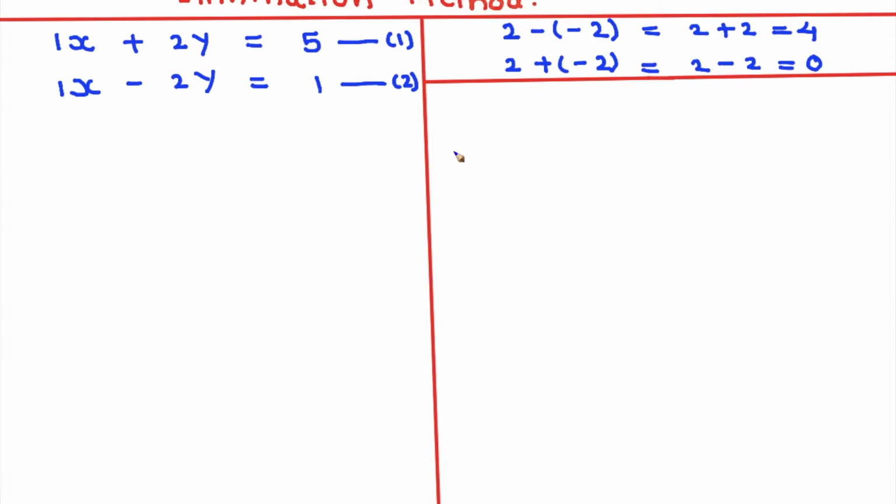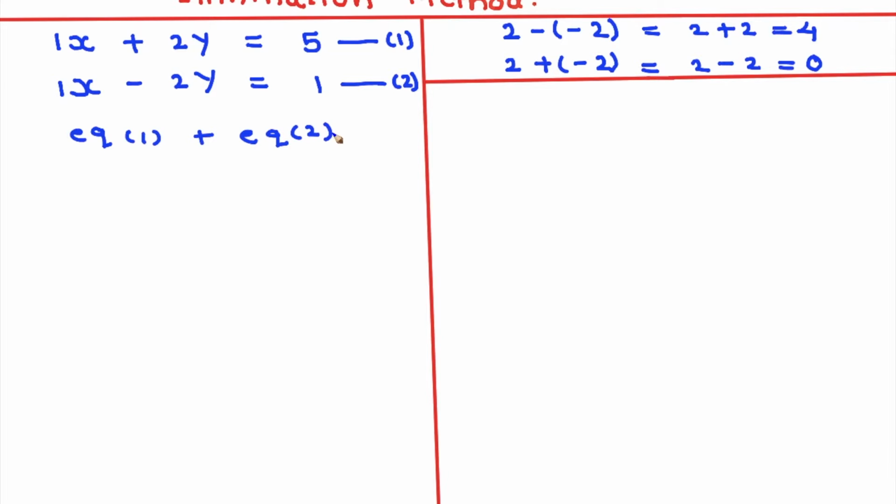So here we are going to apply the same concept. Since y in both equations has coefficient 2, but the signs are opposite, what we are going to do is add the two variables. But for adding these two, we need to add the two equations. So we'll go for that process, adding equation 1 and equation 2.